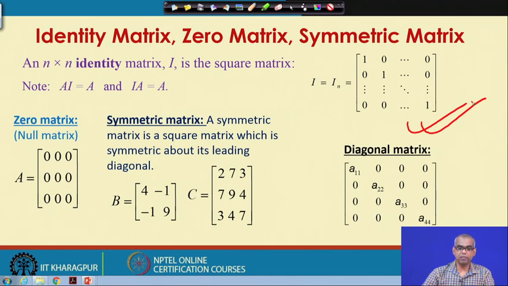So, the identity matrix n by n is a square matrix with n rows and n columns, and all the elements in the principal diagonal are unity, all other elements are 0.